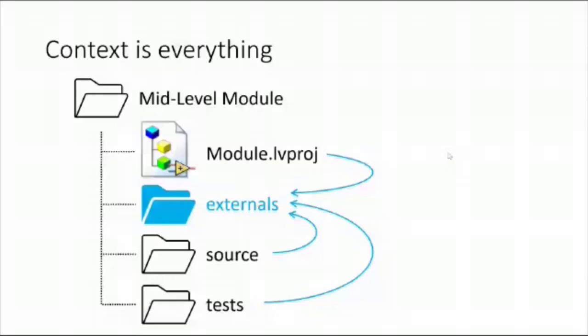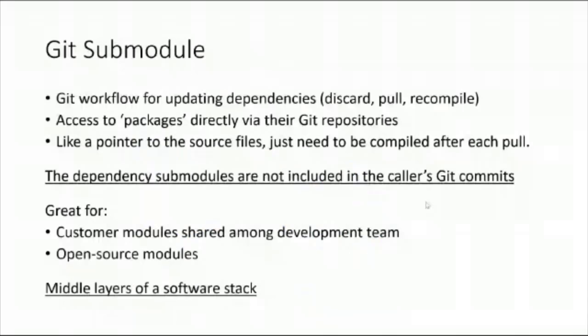So submodule gives us a workflow for updating these dependencies. If you want to update a submodule, you would discard the local changes, because they're compile-only changes. When I bring something on disk and open it in the IDE, it does all this path finagling and relinks things. So I would discard that. I would pull the new code, recompile it, open my project, and boom, I'm good.